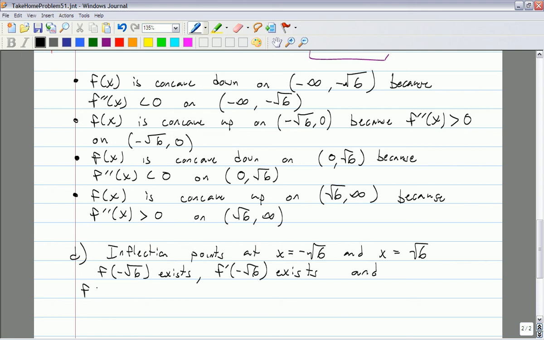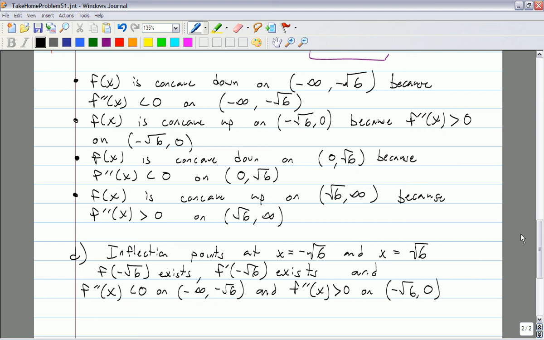and f double prime of x. So now I'm showing that you can draw the tangent. That was those first two statements, and now I want to show that concavity changed. And f double prime of x is less than 0 on negative infinity to negative root 6, and f double prime of x is greater than 0 on negative root 6 to 0.